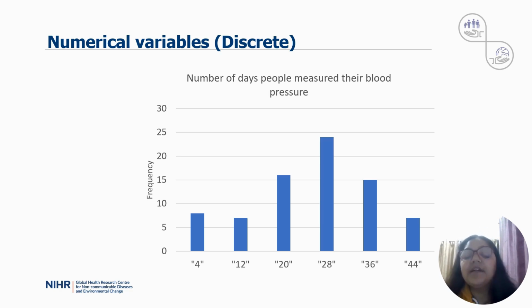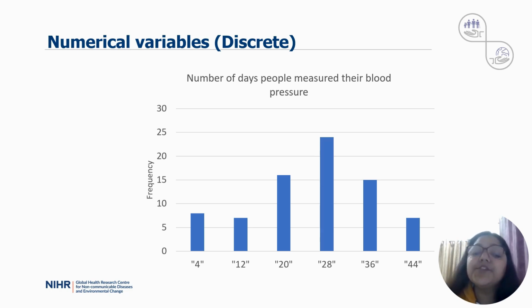So here again the frequency distribution in this example, which is the number of days people took their blood pressure measurements, can be represented by a bar diagram. Here the graph shows that approximately 8 people took blood pressure measurements on 4 days. Approximately 15 people took blood pressure measurements on 36 days.